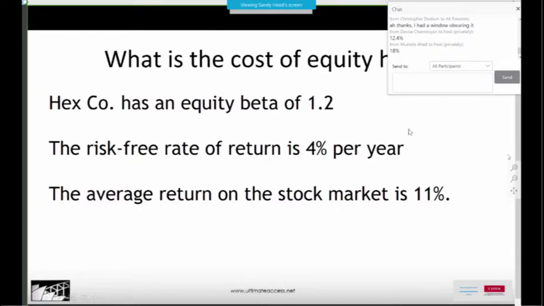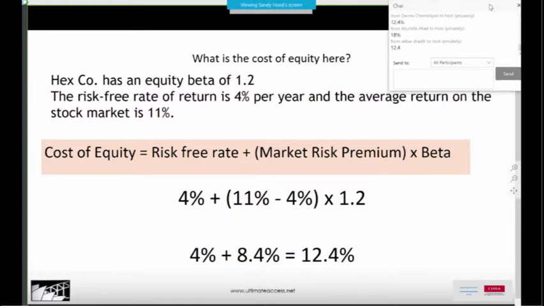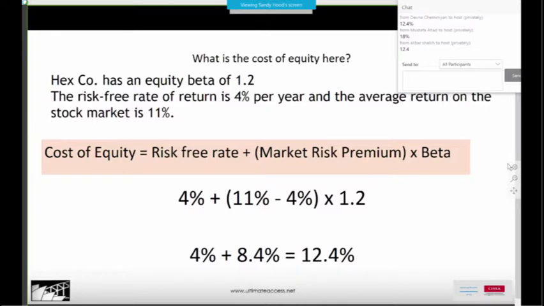So, there's a little reminder in case you were... Very good, Akbar. That's just what I was going to say as well. So 12.4%, yeah, we've got the risk premium, which is 7%, multiply that by 1.2 gives us 8.4, add on the 4, and we've got 12.4%.